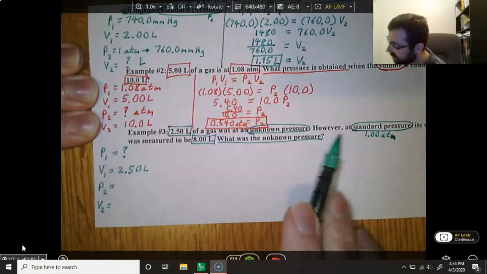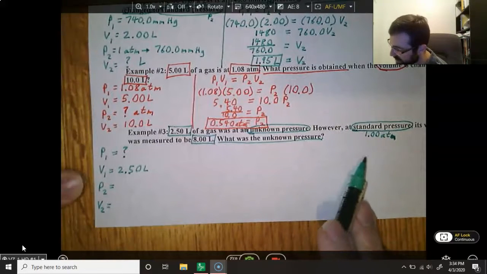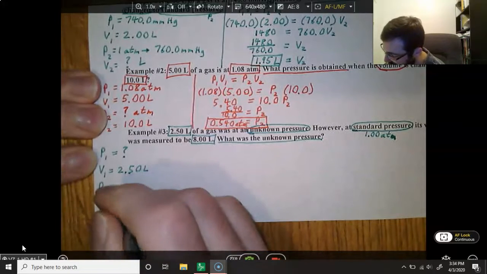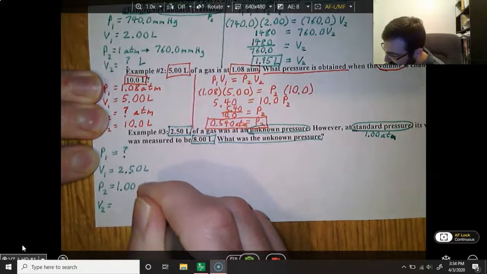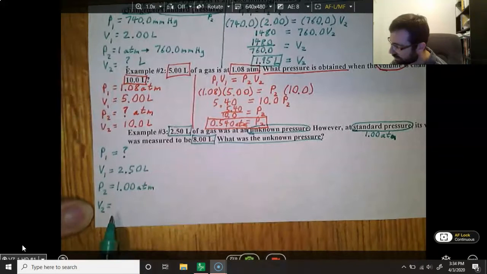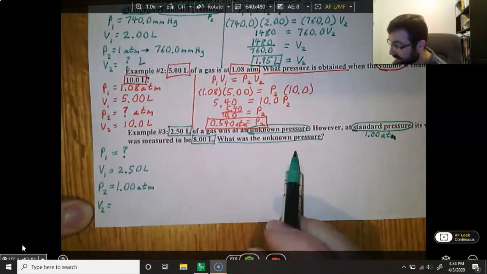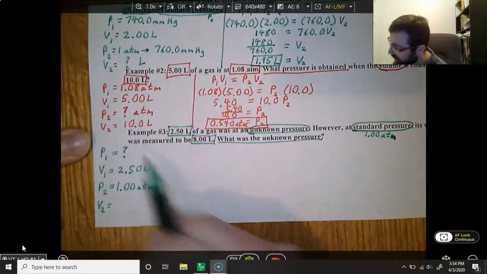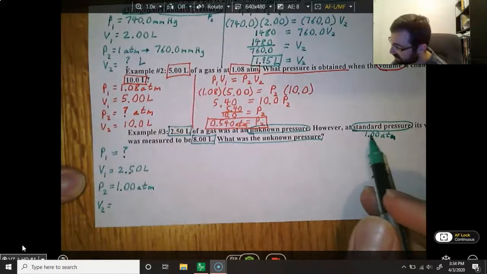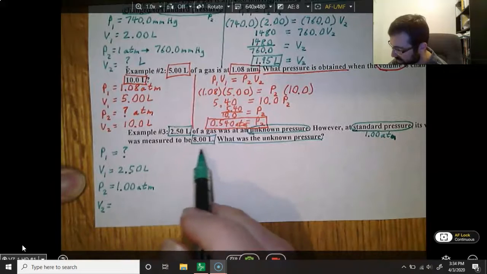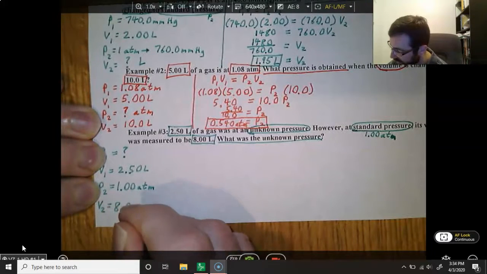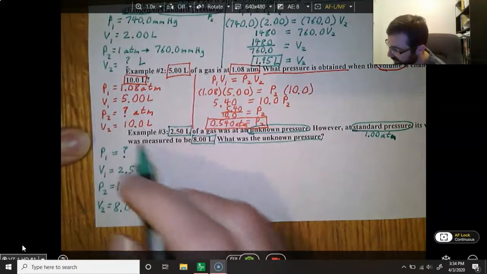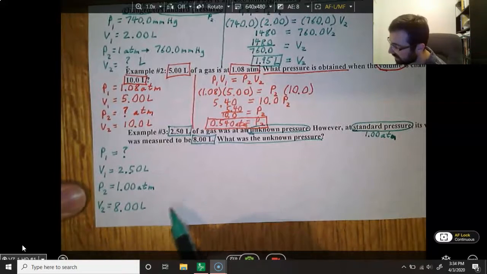However, at standard pressure, again, that standard pressure is 1.00 atm, V2. That's our unknown. At standard pressure, its volume was measured to be 8.00 liters. Right, and I'm, again, looking for pressure. I'm going to give it in atmospheres.